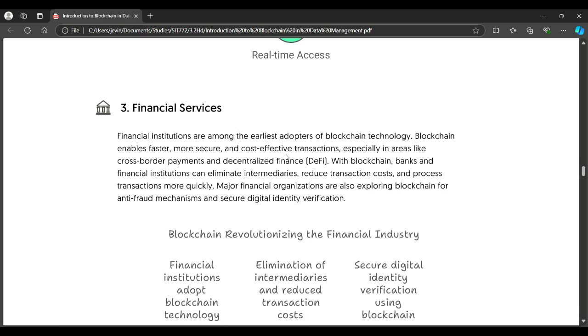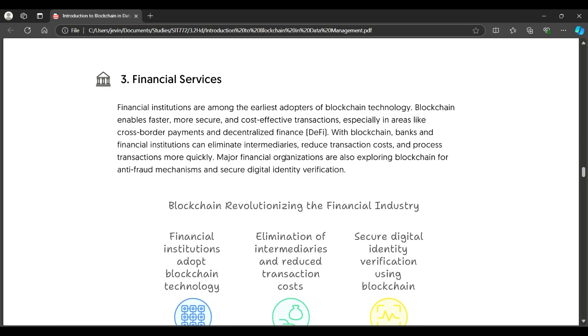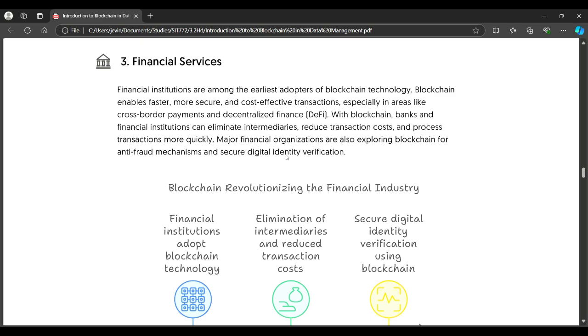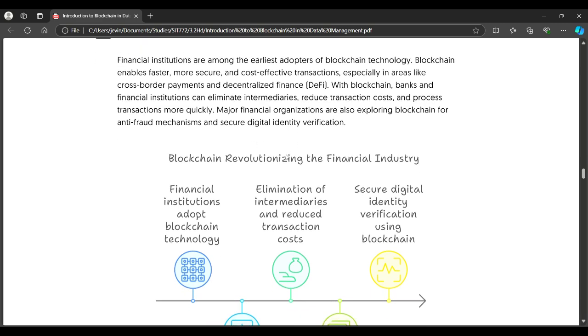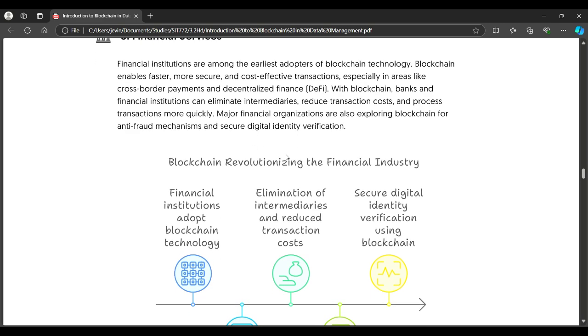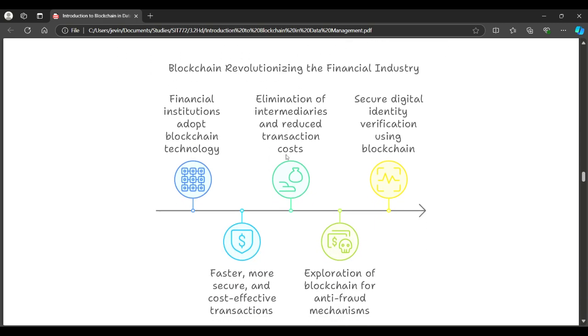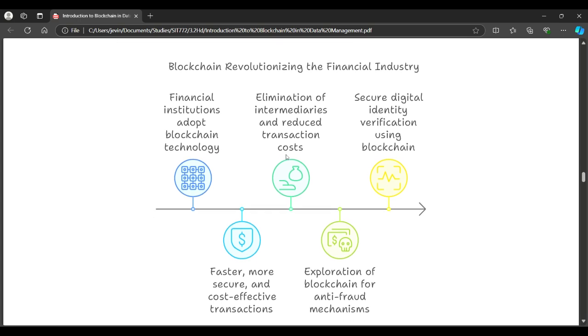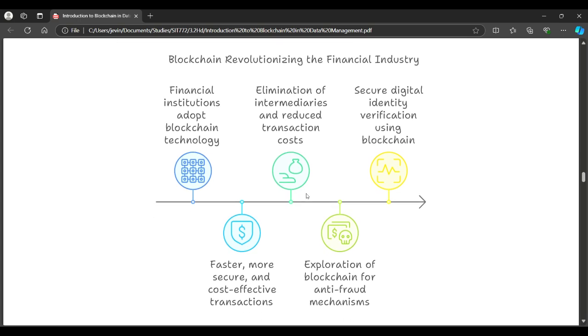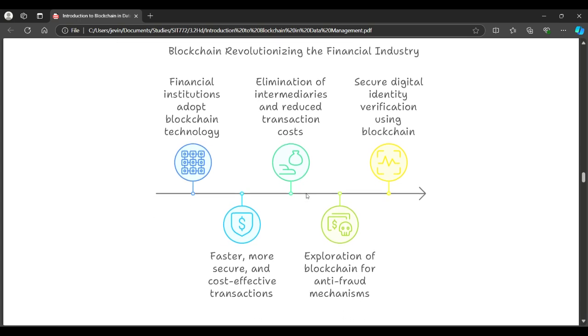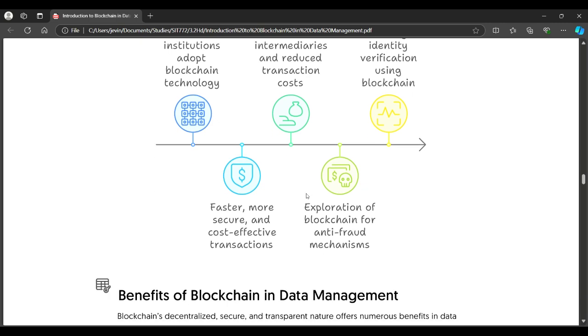So to track and to have the database management, we are using the blockchain technology, and it also reduces transaction cost and the process of transaction. So it's a win-win situation for both, and blockchain is revolutionizing the financial industry also.